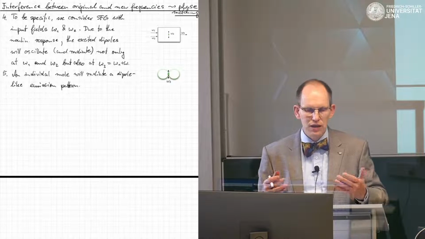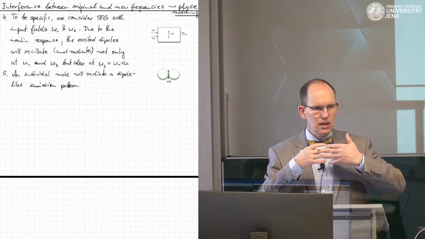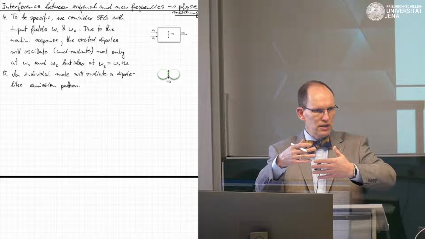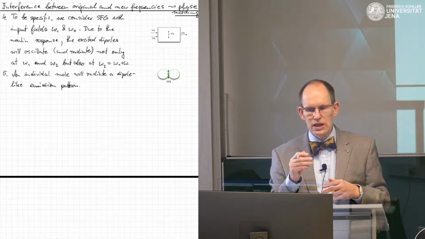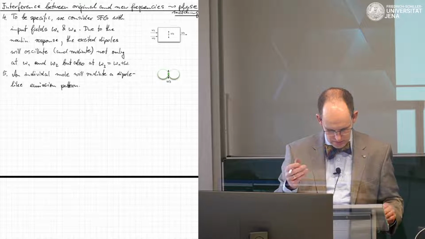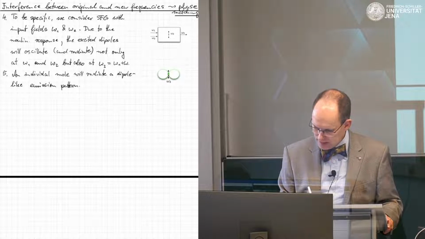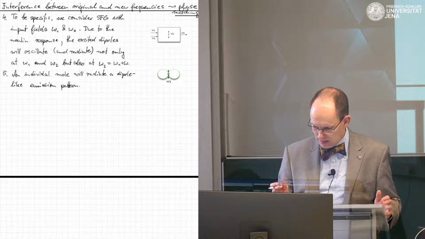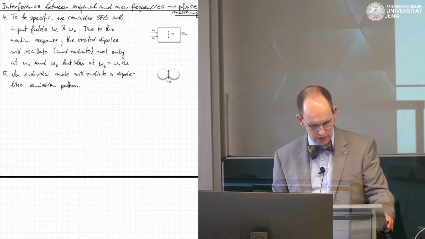Now, if they radiate in phase, then in a certain direction, in the direction in which they actually radiate in phase, the emission will increase by the square of the number of oscillators. Yeah? And then you have a much narrower emission characteristic.